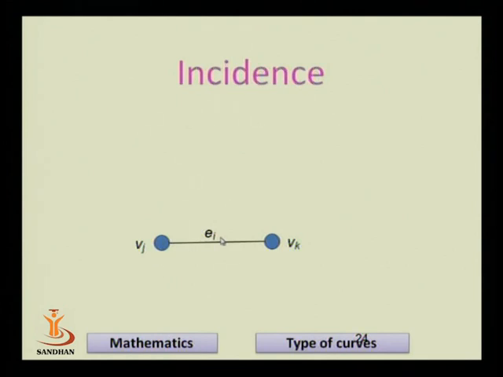Here Vj and Vk are end vertices of an edge Ei. So vertex Vj is incident to edge Ei. Vertex Vk is also incident to edge Ei. If Vj is an end vertex of an edge Ei, then Vj and Ei are incident to each other.